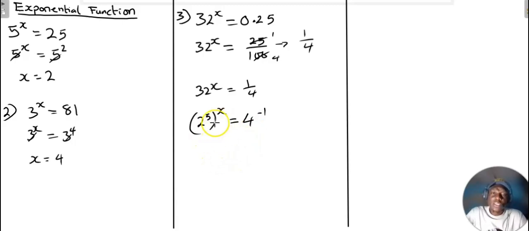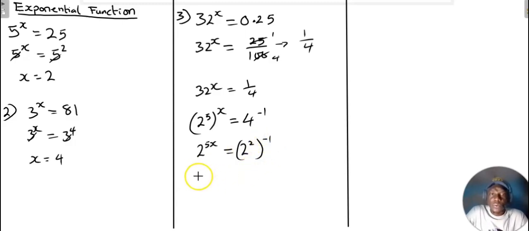If you apply the indices power law here, the 5 will multiply x. So this is 2 raised to the power 5x. It is equal to 4, which is 2 raised to the power 2, all raised to the power minus 1.